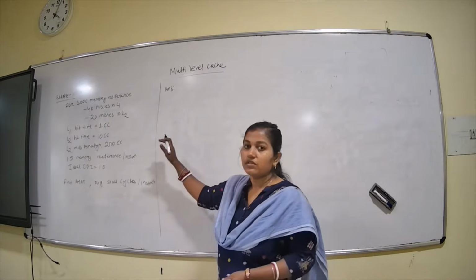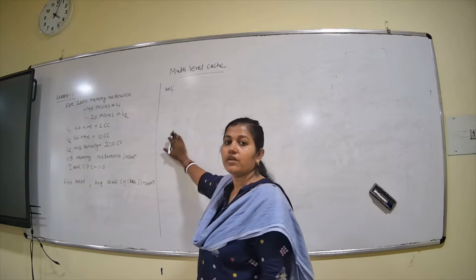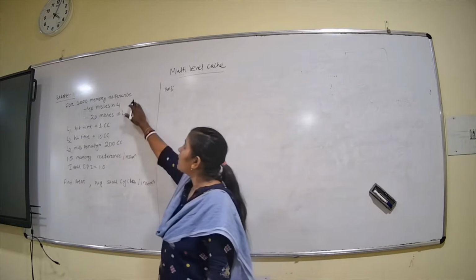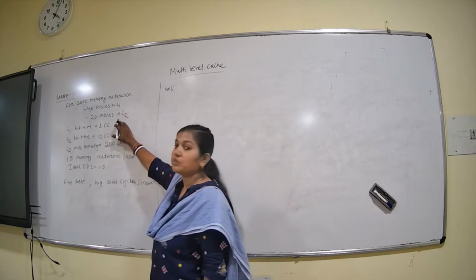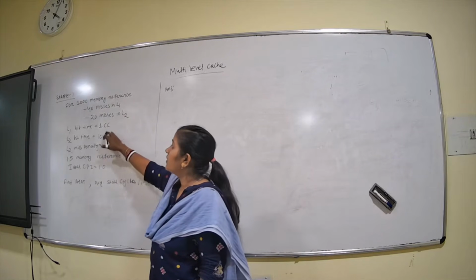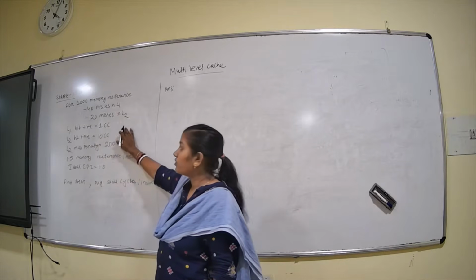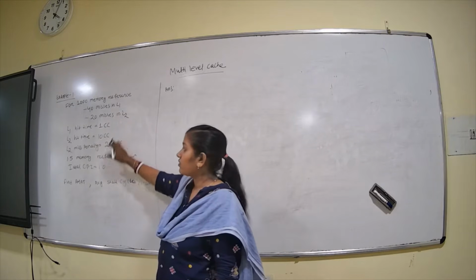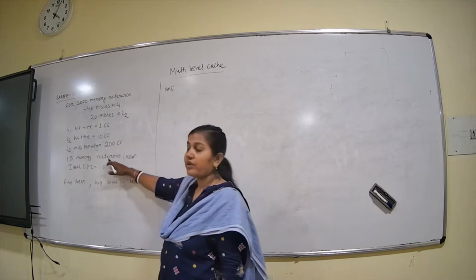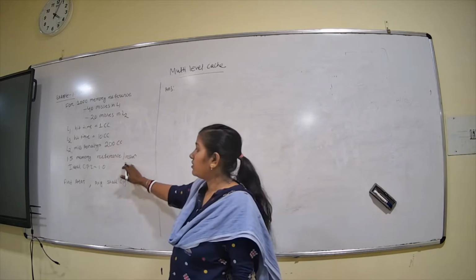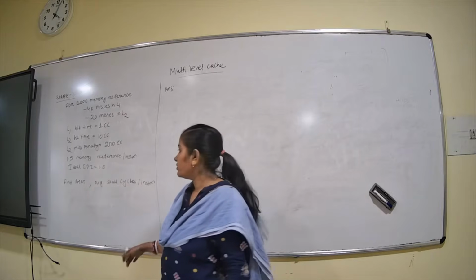So now we'll see the examples. Here, for 1000 memory references, there are 40 misses in L1 and 20 misses in L2. The L1 hit time is 1 clock cycle, the L2 hit time is 10 clock cycles, and the L2 miss penalty is 200 clock cycles. There are 1.5 memory references per instruction, and the ideal CPI is 1.0.